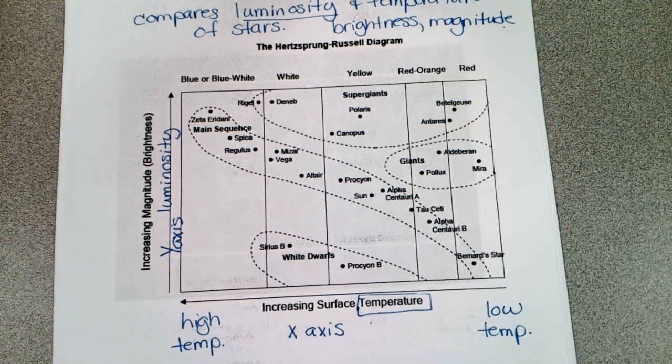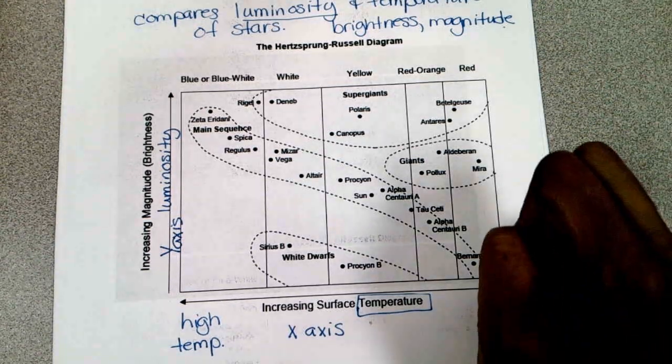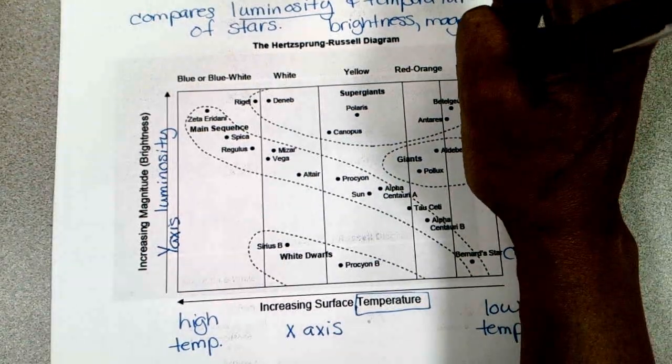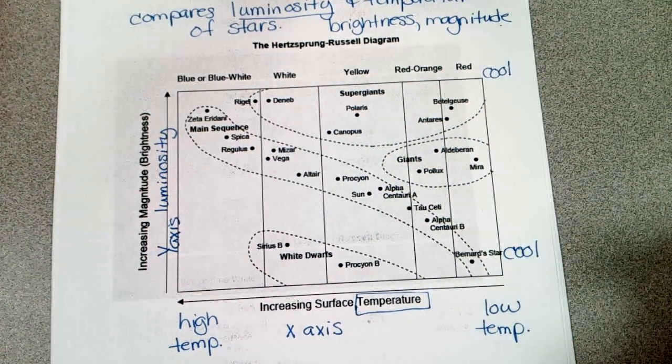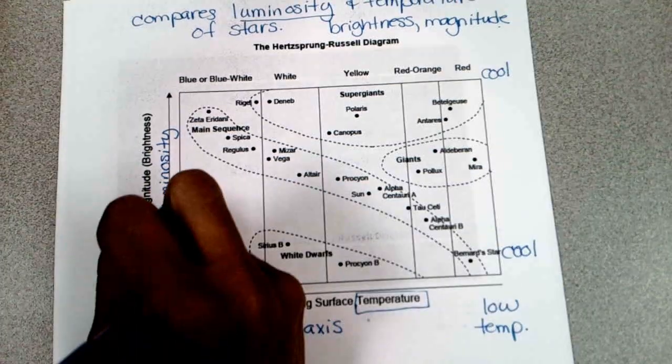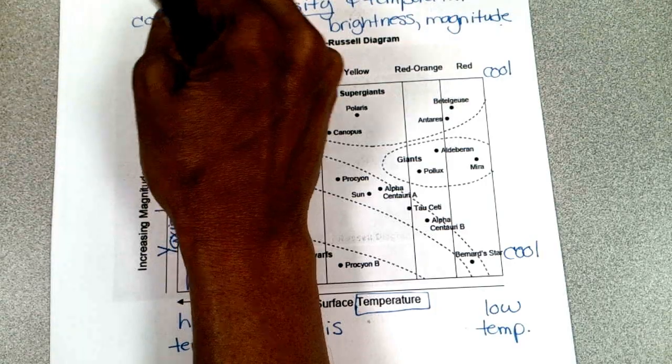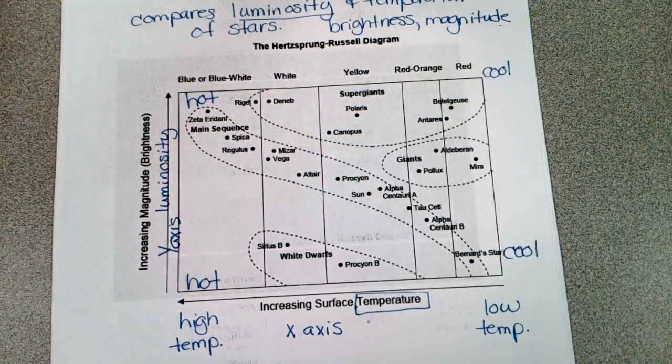Okay? Another strategy that you can use when you're reading HR diagrams is to label it. So your cool stars are always going to be on the right, and your hot stars are going to be on the left. Okay?